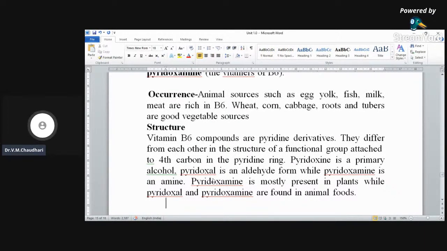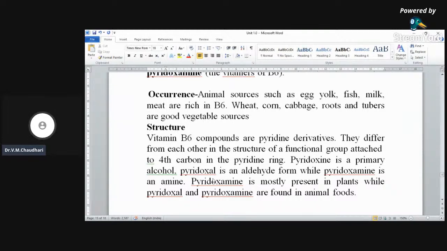A pyridine ring has derivatives known as pyridoxine, pyridoxal, and pyridoxamine. Are you getting me? Vitamin B6 is a pyridine derivative; the ring is made up of pyridine. They only differ with respect to the functional group attached at the fourth carbon position.